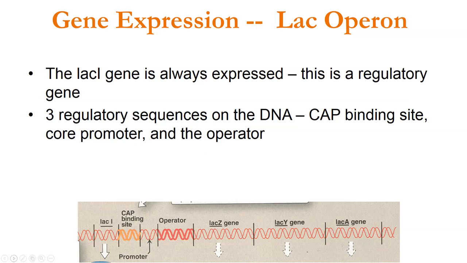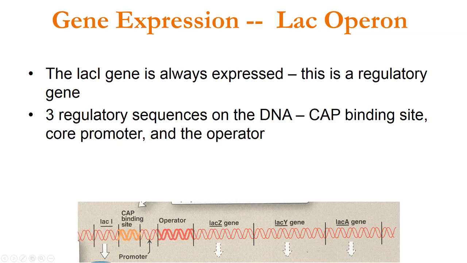Okay, so the first thing we've got to look at is what's going on. Here's a basic look at the gene. I don't care about LAC-Z, LAC-Y, LAC-A. Just know these are genes involved in lactose metabolism. So we need those if we want to process lactose. If we're not going to use lactose, we don't need those.